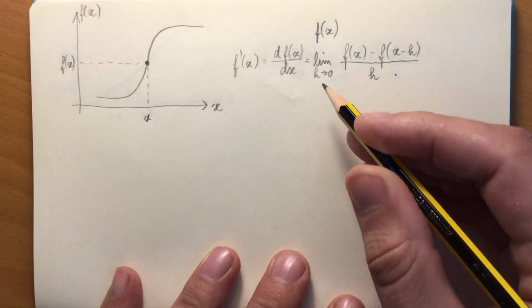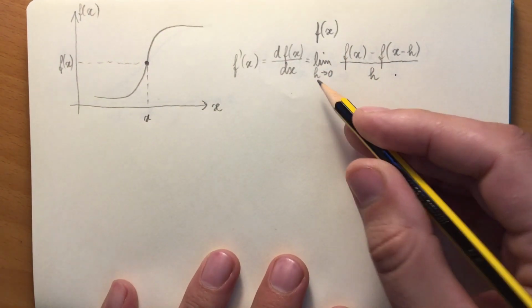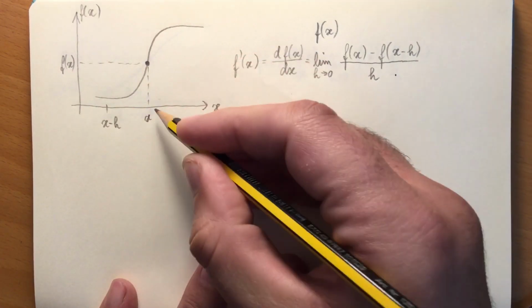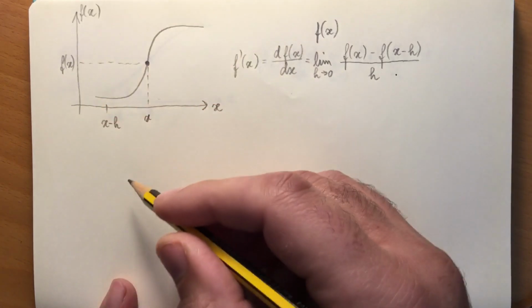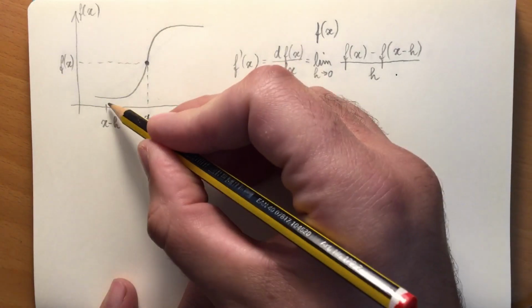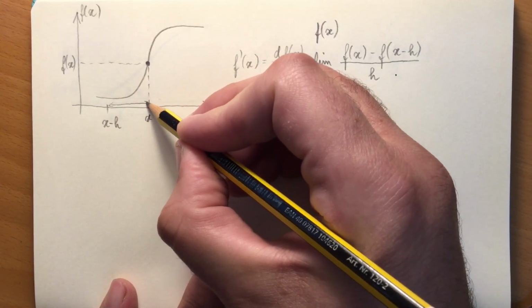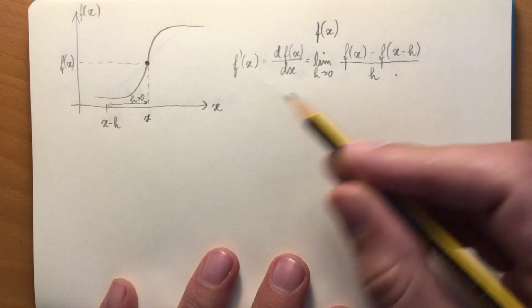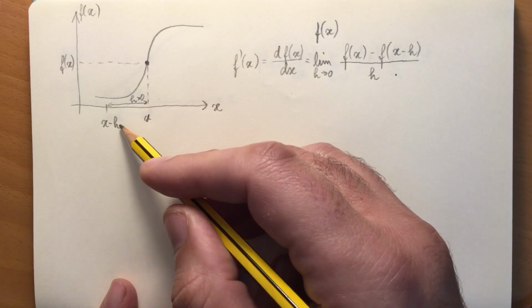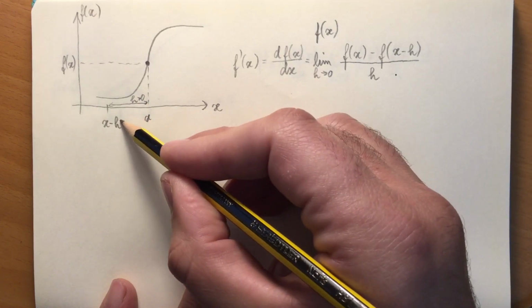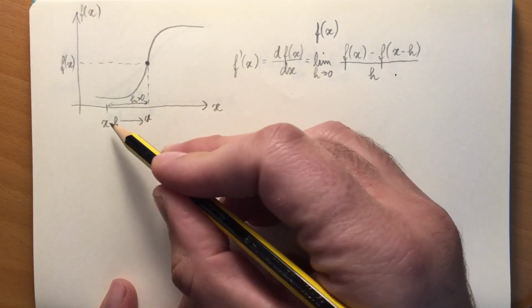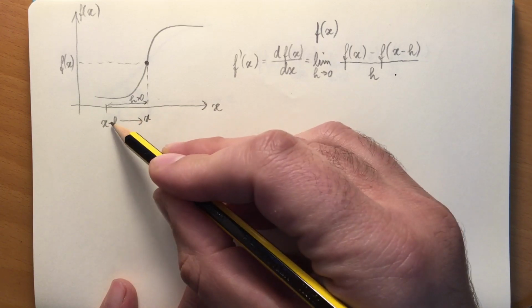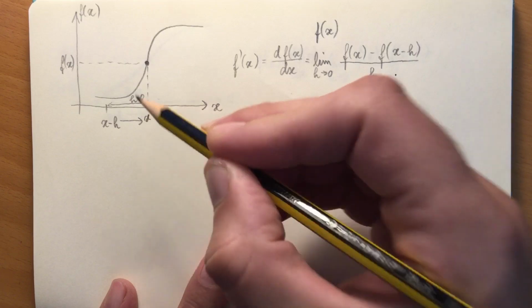Since I am restricting h to positive values, x minus h will be to the left of x. This distance is h, and as h, which is larger than 0, is approaching 0, x minus h approaches x from the left.